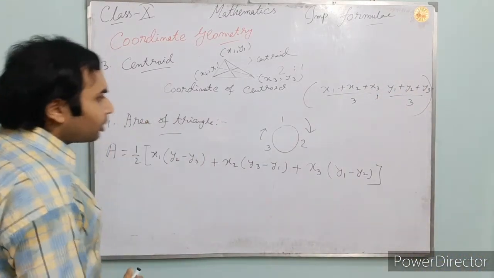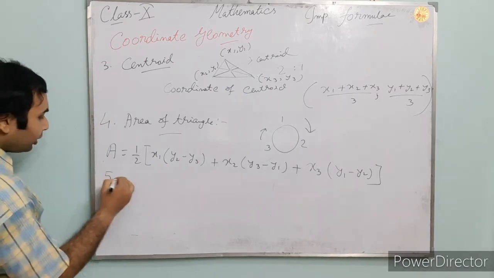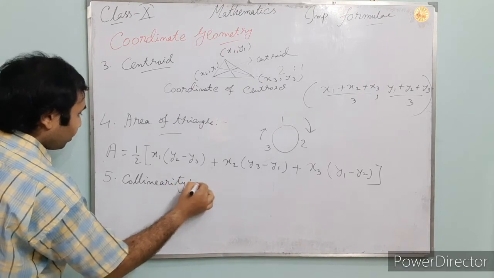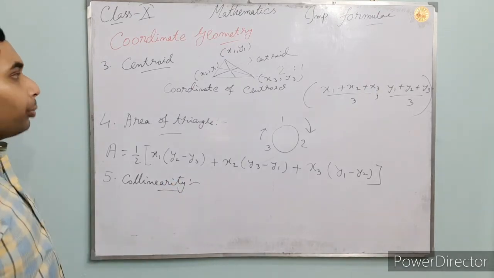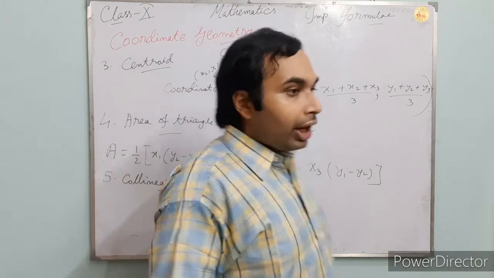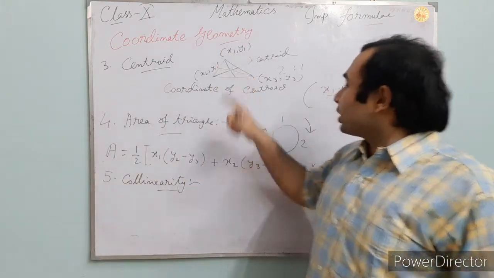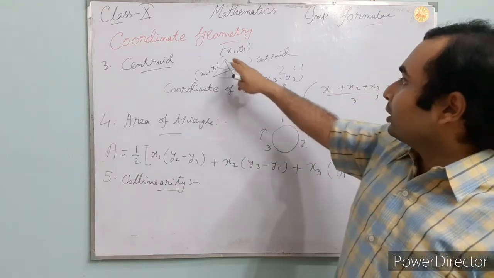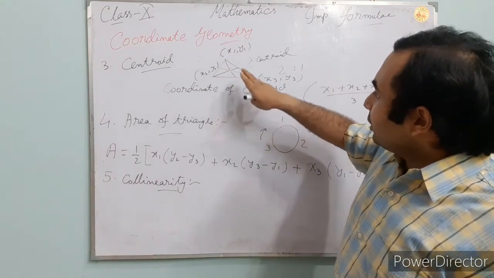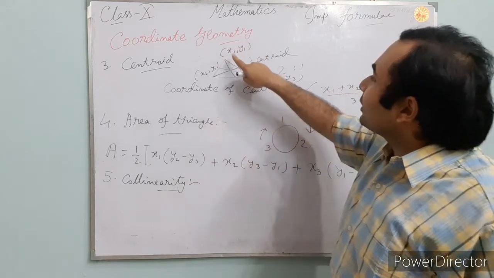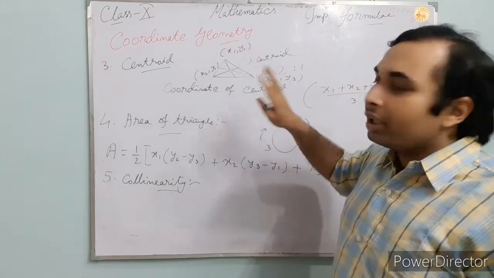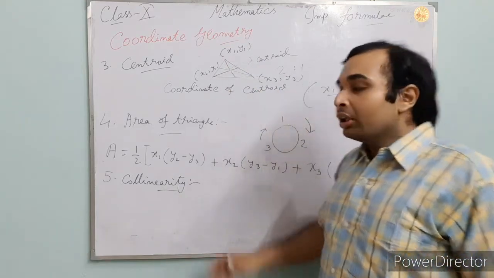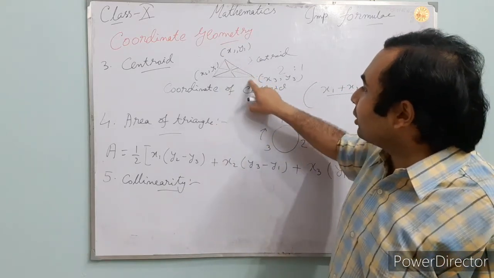Another small concept is the collinearity of points. If we have to prove that points are collinear, meaning they lie on the same line, then we prove that the area of the triangle formed by those points is 0.